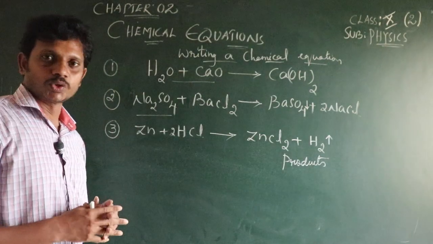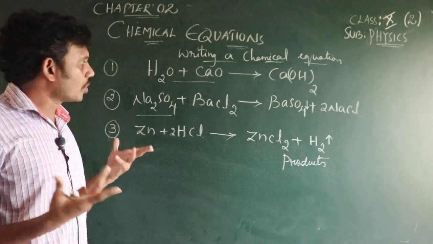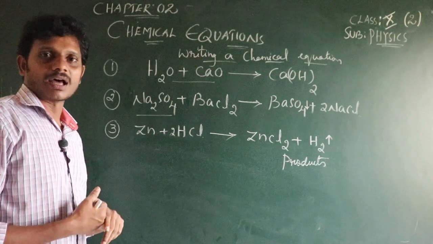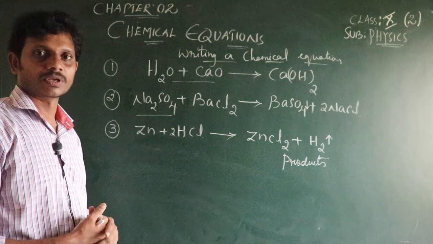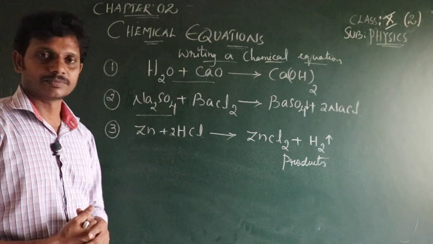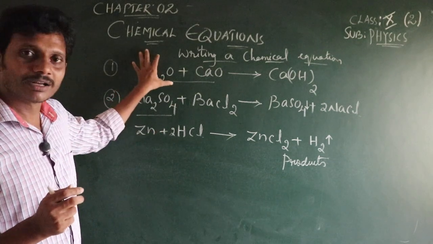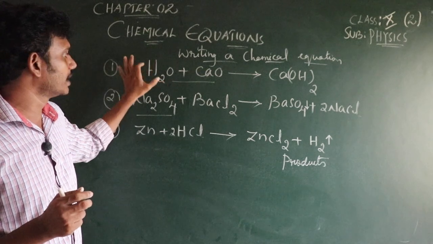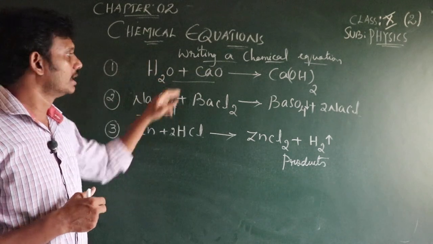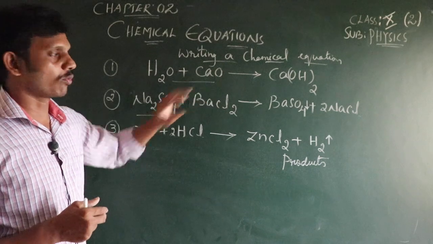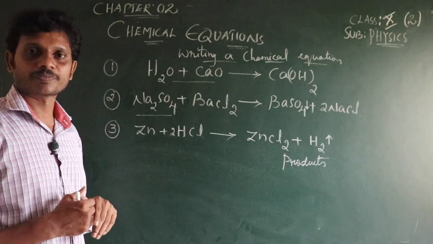For that, what should we do? We know that water is reacting with calcium oxide. For that, we need to write each compound's molecular formula. Water, H2O, that is its molecular formula. Calcium oxide, CaO, that is its molecular formula.